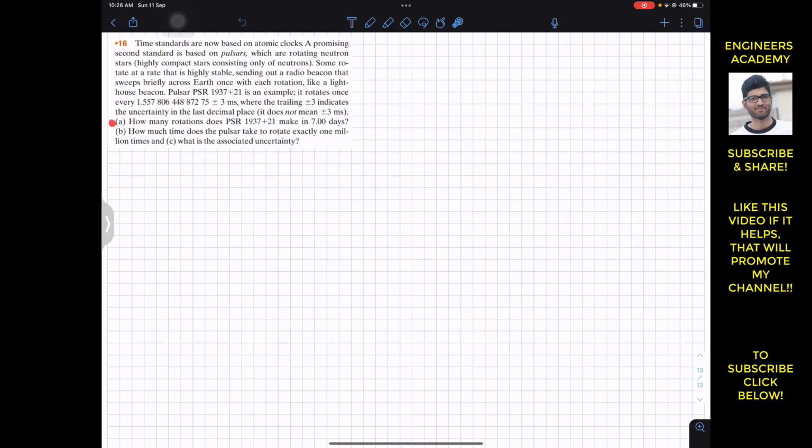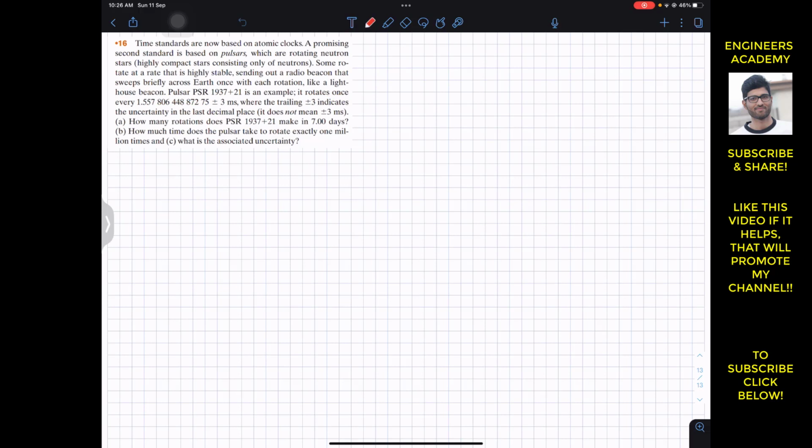So in part A, we are asked to find how many rotations PSR 1937+21 makes in 7 days. In the problem statement, it is said that this pulsar rotates once every this much time.